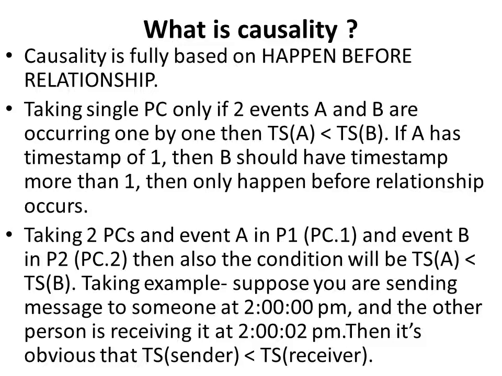Taking a single personal computer, if two events A and B are occurring one by one, then the timestamp of A, TS of A, will be less than the timestamp of B. It is always true.